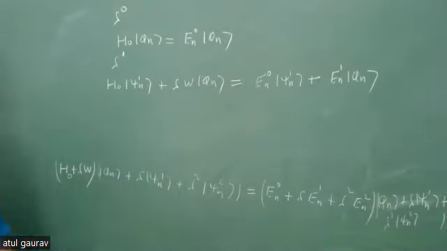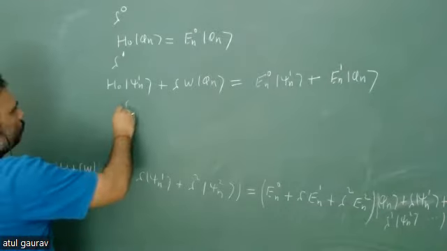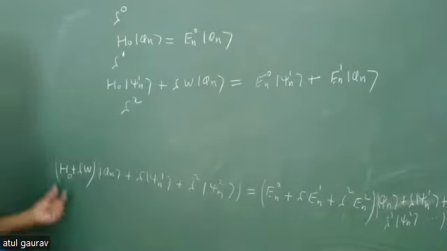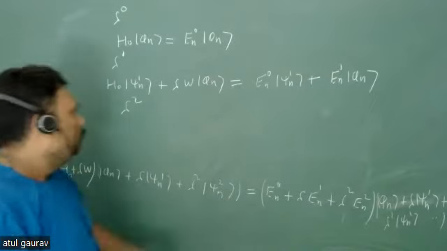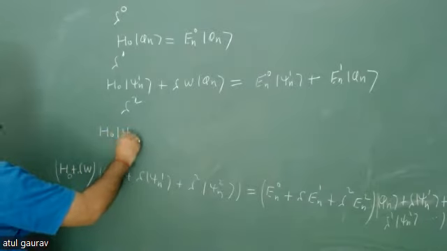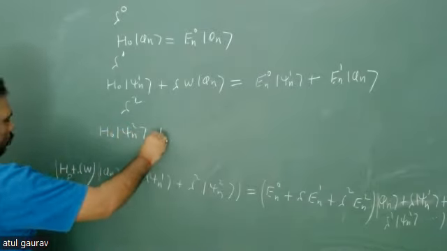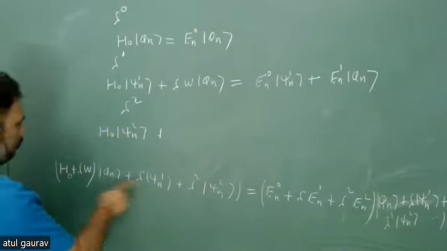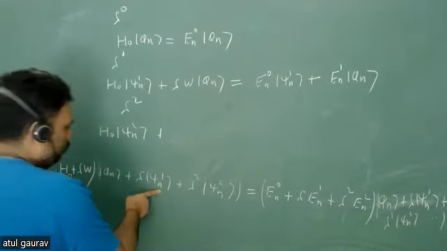Now we will go for lambda square. What will happen? H naught will go to psi n2, and lambda W will go to psi n1.